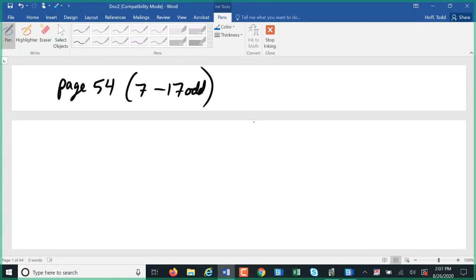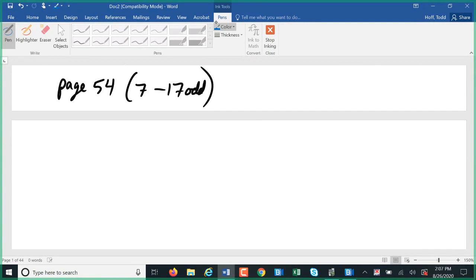Good. 13, 7/28 reduces to 1/4, a quarter. Yep. 15, 48 over 64 becomes 3/4. Very good. And finally, number 17, 81 over 36 will become 9 over 4. Perfect.